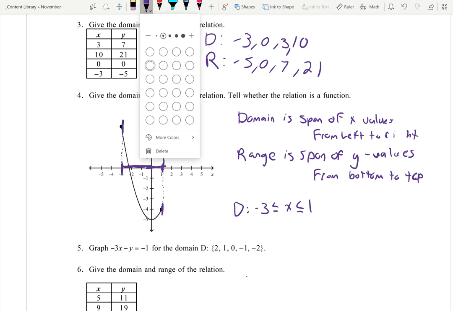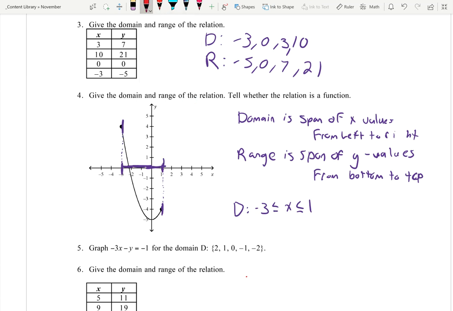Now the range is very similar, but it's for the y values. So it's with respect to the y-axis, from the bottom to the top. The lowest point our graph goes would be right here at the bottom of our J, and with respect to y, that is at -5. -5 is the lowest that this graph gets.